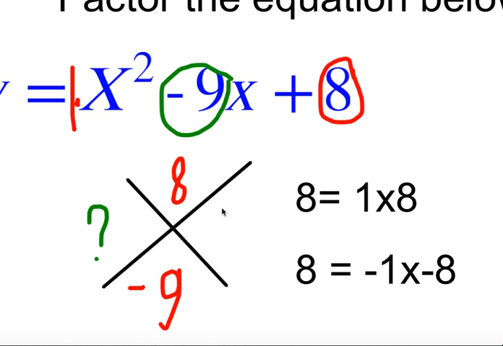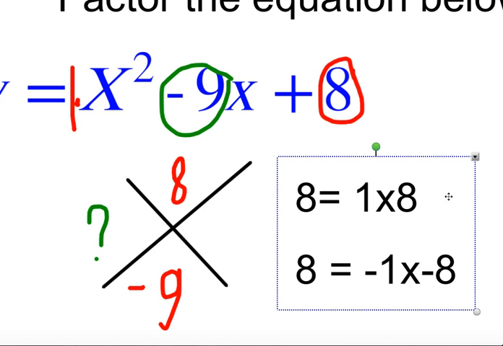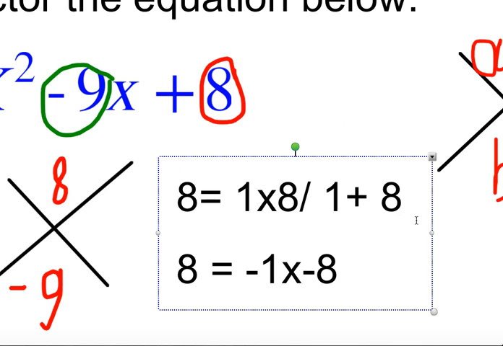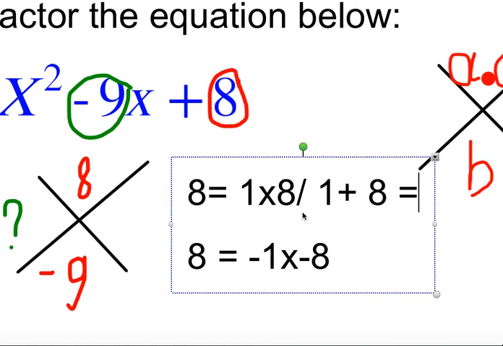So on this side, you're looking for two numbers that when you multiply them give you 8, and when you add them give you minus 9. If I add 1 plus 8, what's that going to give me? It gives me 9. Do I have 9 here?